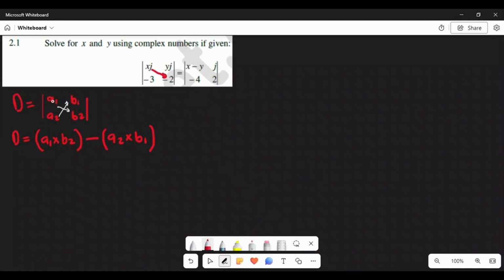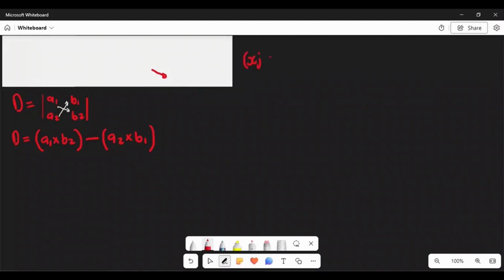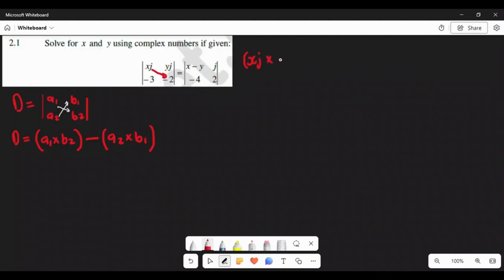As you can see, it's A1 multiplied by B2. So on our left hand side, it's going to be xj multiplied by -2, and then minus. Don't forget, we are subtracting. So the second term is going to be A2 multiplied by B1.